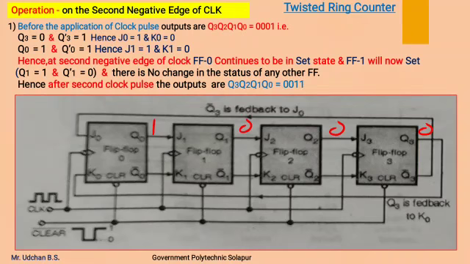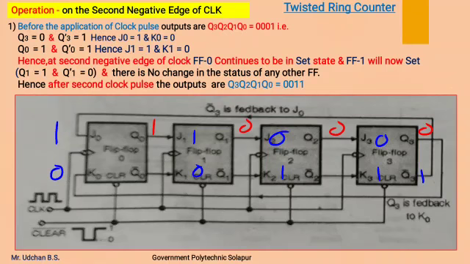Here as Q3 is 0, K0 will become 0. Q3 complement will be 1, therefore J0 will become 1. For the second flip-flop, Q0 is 1, therefore J1 will be 1, K1 will be 0. Q1 is 0, therefore J2 will be 0, K2 will be 1. And for the last flip-flop, as Q2 is 0, J3 will be 0, K3 will be 1.